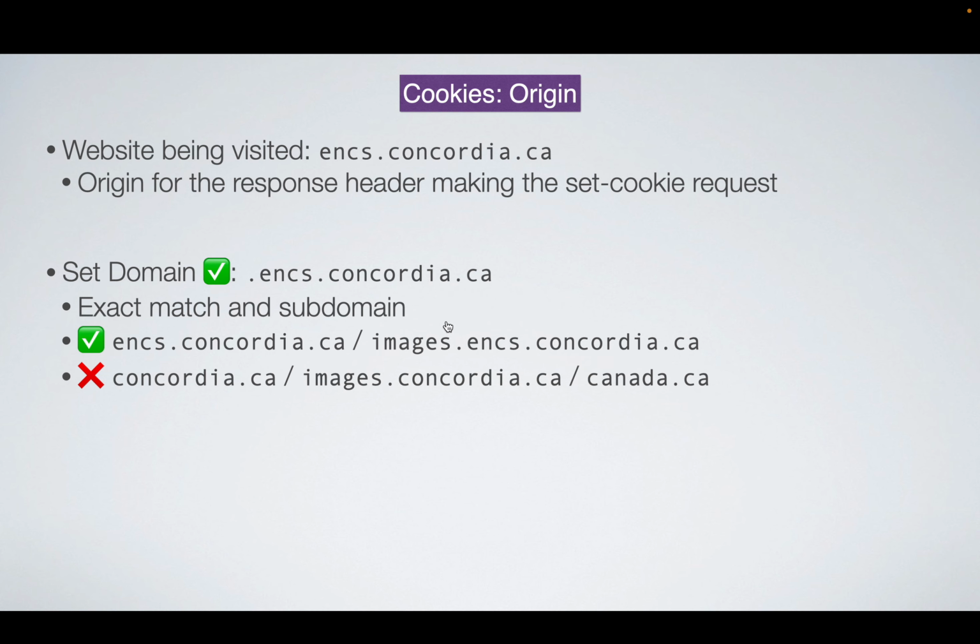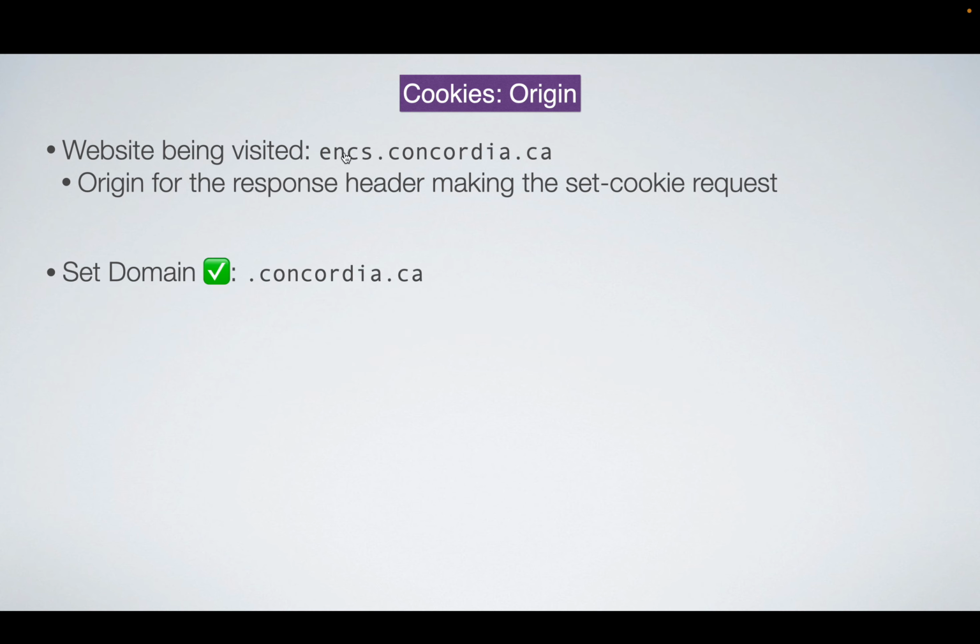Now, what if I want to set a cookie and when the person goes back to concordia.ca, I want that cookie sent? Can I do that? How would I do it? So this website would try to set the cookie with concordia.ca here. encs.concordia.ca will try to set a cookie that has a broader scope than itself. So I'm on encs.concordia.ca and it's saying I want to set a cookie, but not just for myself.